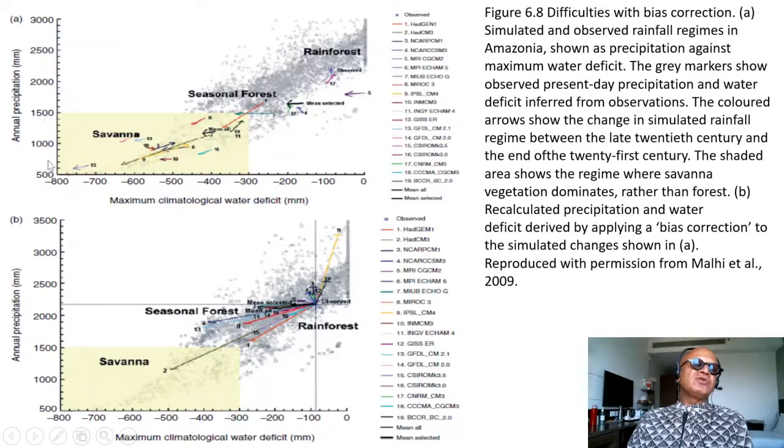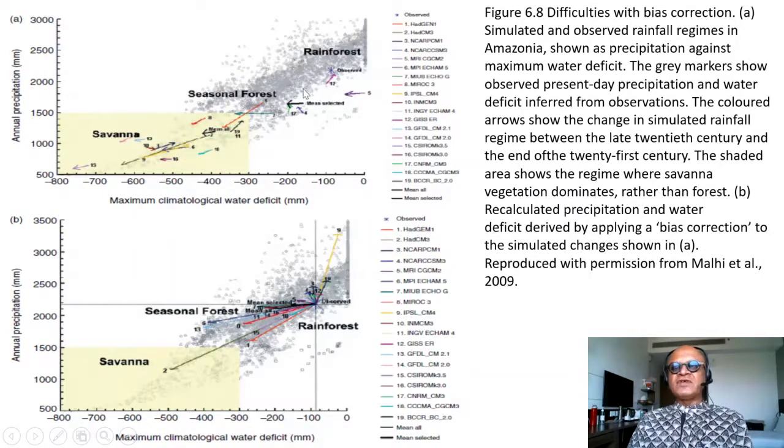So you look at annual precipitation in millimeters and you want to see what the models are projecting. The observed is over here, and these various models, without worrying which one is which, you can see that they're all pointing this way of decreasing precipitation and increasing water deficit, which means they're heading towards a savanna.